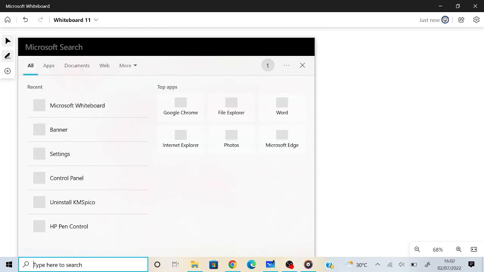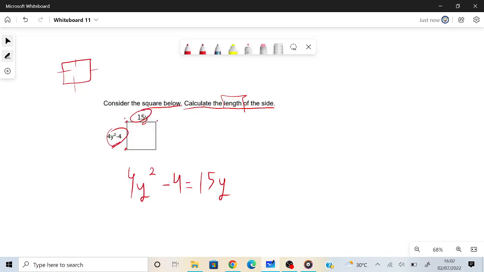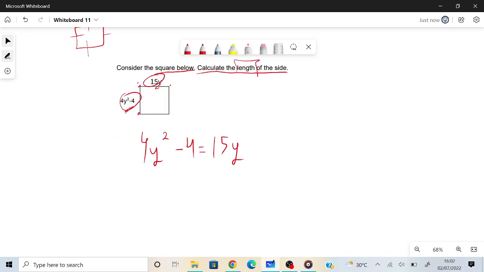So simply, 4y squared minus 4 is equal to 15y. Now, in order to solve this, you could see that we would make a quadratic equation. So we now have 4y squared minus 15y minus 4 equals 0. Why minus 15y? Because the 15y comes over here and becomes negative.